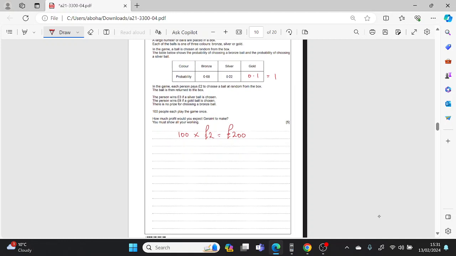Well, to work out the expected number, you multiply the probability by 100, which is 22, and times that by £3, because it's £3 if you pick up a silver one, which comes to 66.